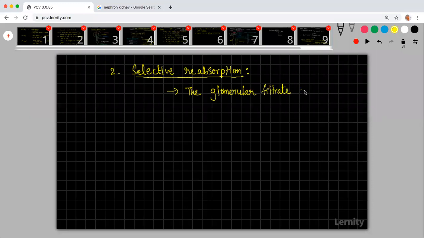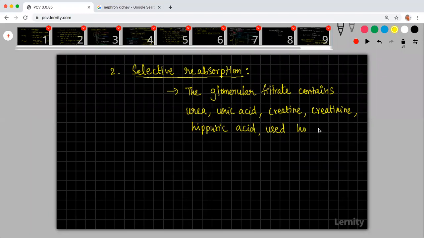The glomerular filtrate contains urea, uric acid, creatinine, hippuric acid, used hormones, used drugs, okay, pigments as waste.